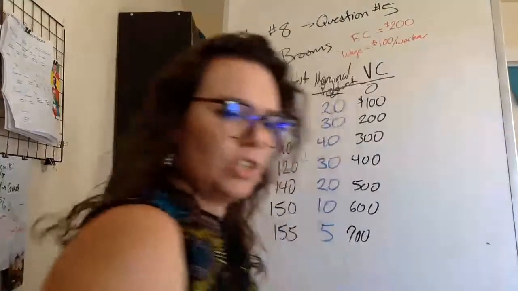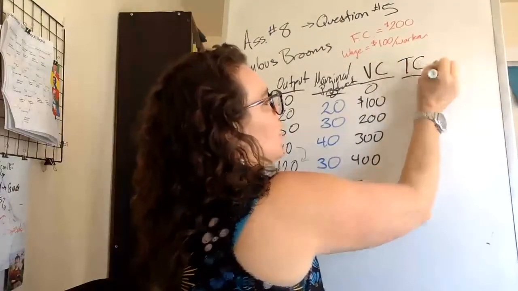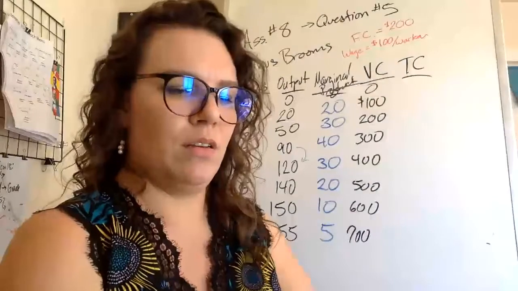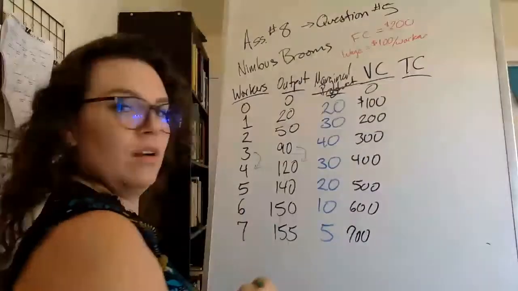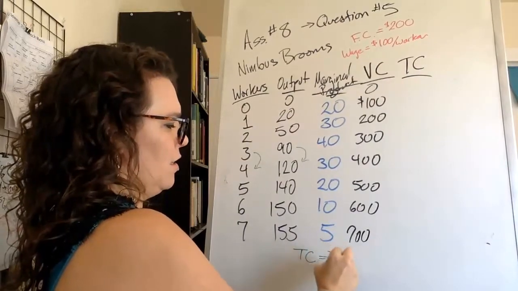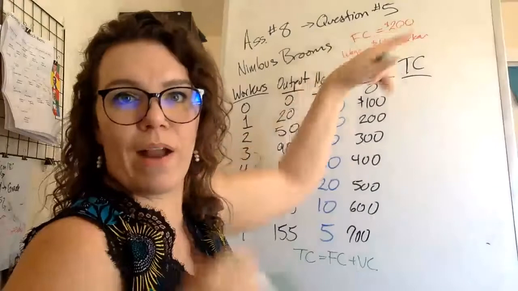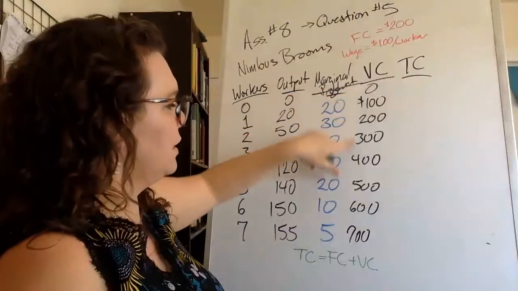So if we go ahead and put our total cost in, remember, total cost is fixed cost plus variable cost. Fixed cost is $200 no matter how much we produce. Variable cost changes.